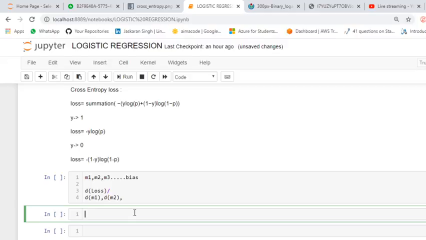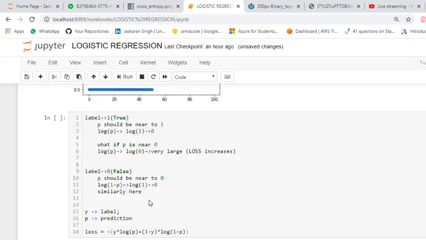So, as discussed earlier in linear regression, we use the algorithm which suggests that m1 should be m1 minus learning rate times the gradient. And we do it iteratively so that we can find the optimum value of m1.